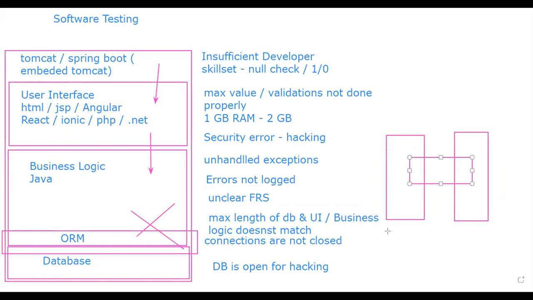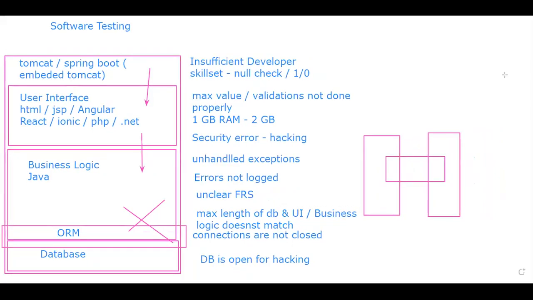He calls up the guy in the IT department, the software guy, and tells him, okay, I need a bridge like this. The person who took the requirement understood it like this, but the customer wanted it like this, with some extra space.